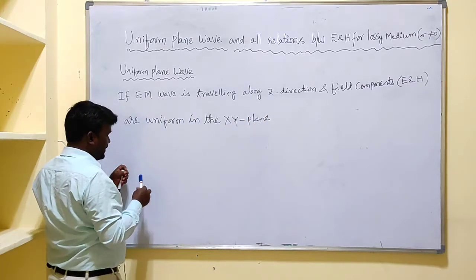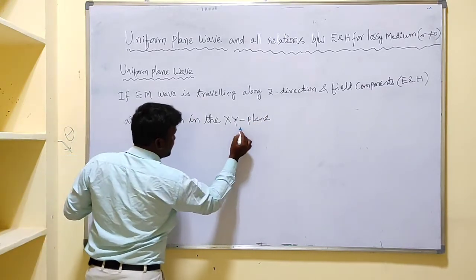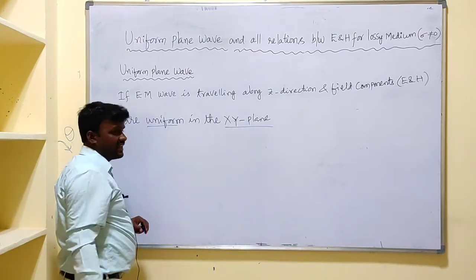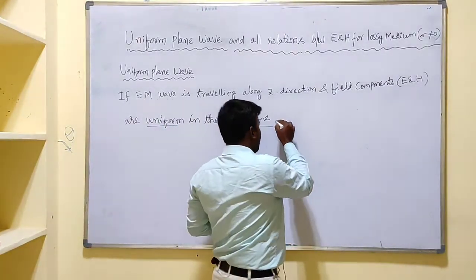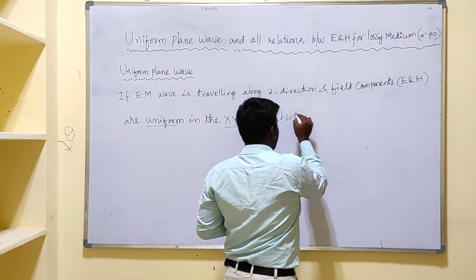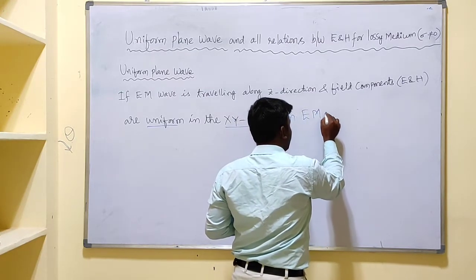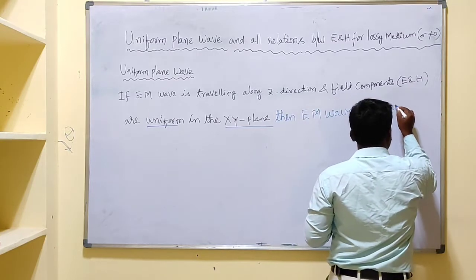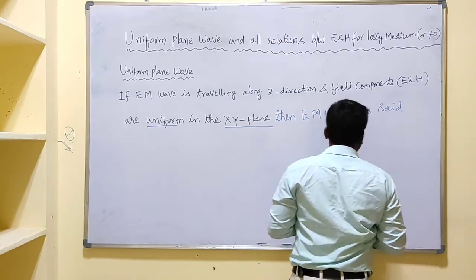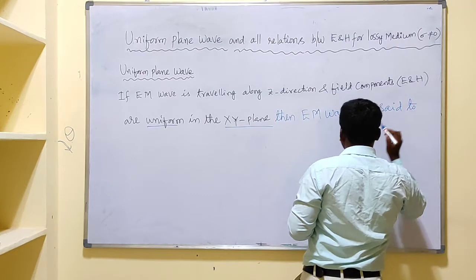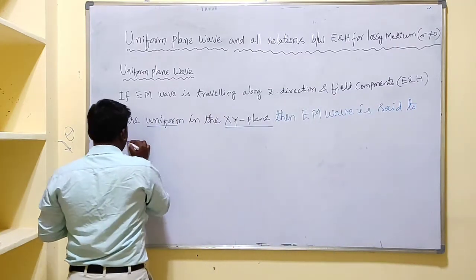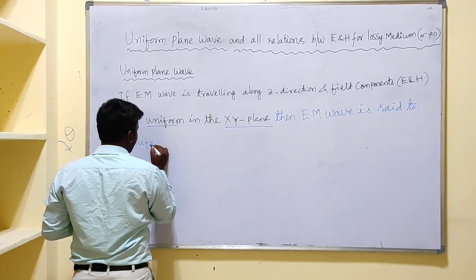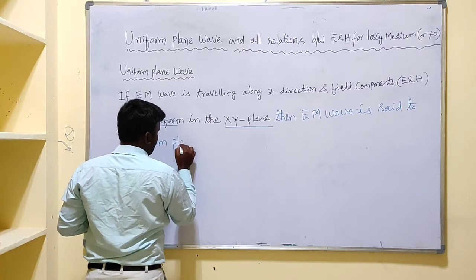So that means field components are uniform in the xy plane and wave is traveling along a z direction. Then EM wave is said to be uniform plane wave.